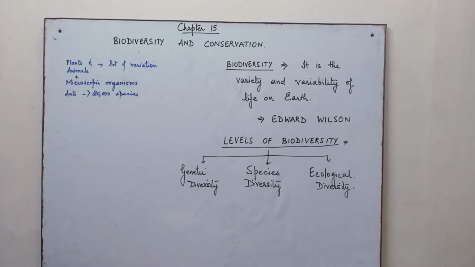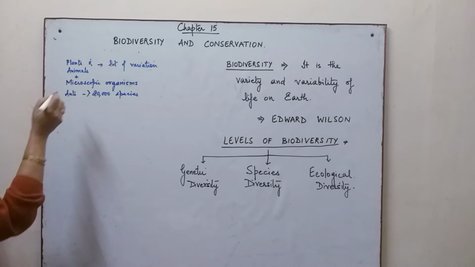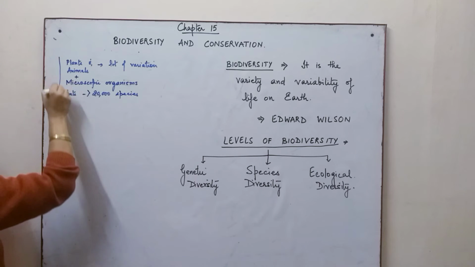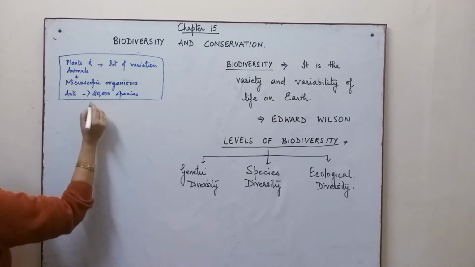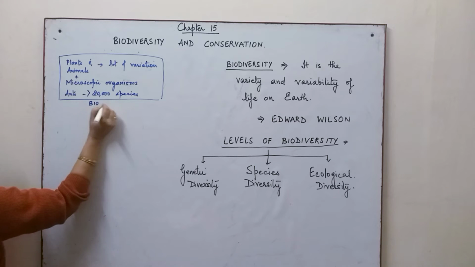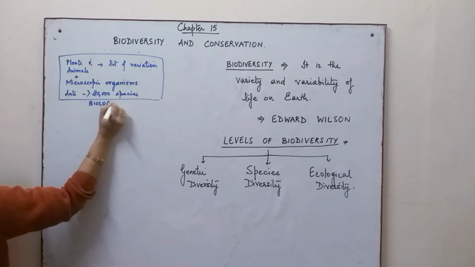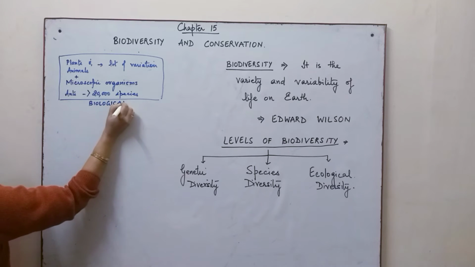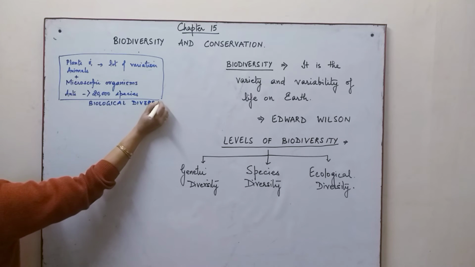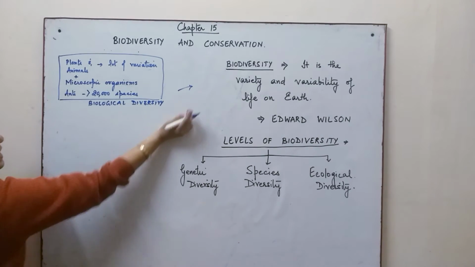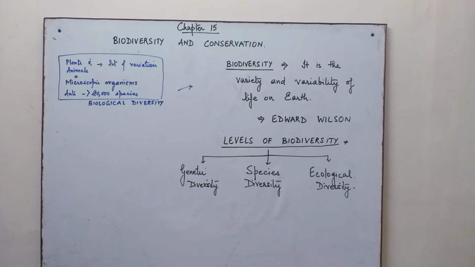Now, when we talk of biodiversity, the presence of different kinds of organisms reflects the biological diversity. So all the plants and all the animals which are inhabiting this form the biological diversity. This biological diversity is also called biodiversity.